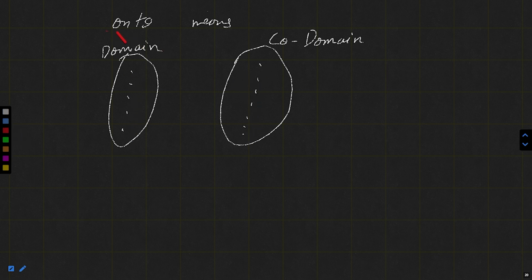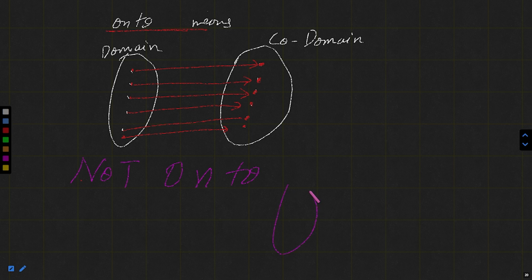If my function is onto, this means every element in the codomain set must have some pre-image in the domain set, which means that every element must be linked to some element. Like this. This means onto.